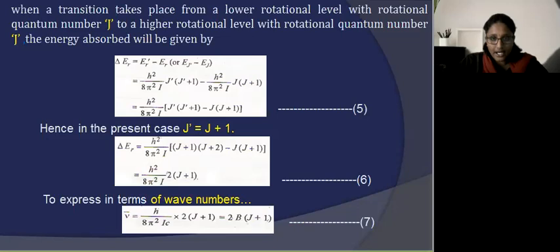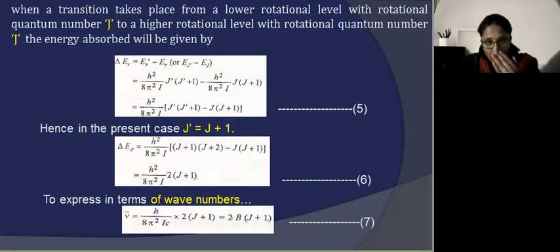So for delta E R, we have to calculate the energy gap between the higher and the lower energy level. The energy gap between two energy levels is h square divided by 8 pi square I into 2 into J plus 1.